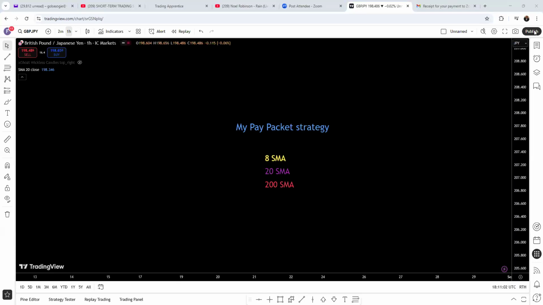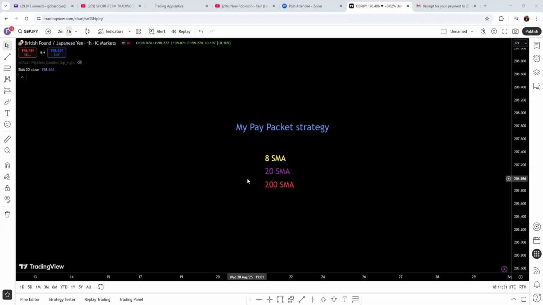Okay, so welcome everyone. Just to go through this again, the strategy is called My Pay Packet. It is one of the very first strategies I started using, but with time you drift into other strategies and techniques as well.